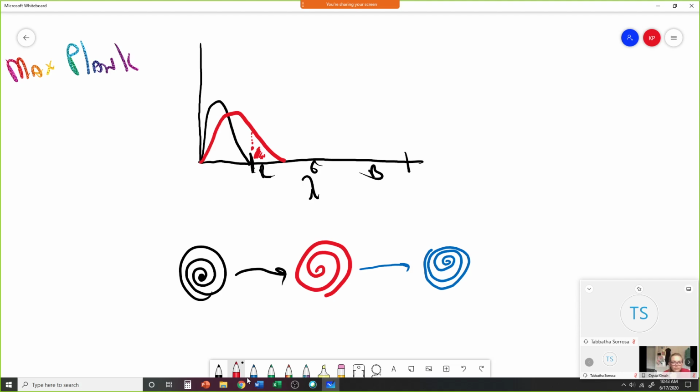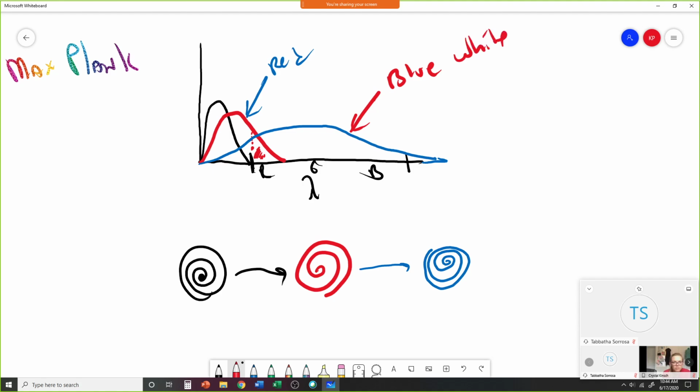And as you really, really get something hot, the distribution starts covering the majority of the visible spectrum as you go out. So what you perceive with your eyes is that this looks kind of red, and this looks kind of blue-white. All right, and so this is what you see.